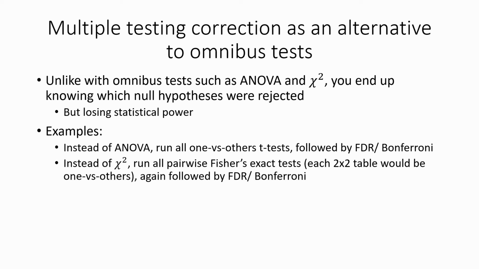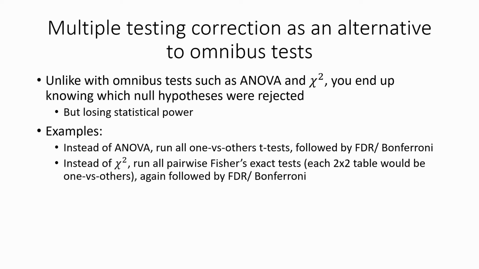But we actually can use multiple testing correction as kind of an alternative to these two tests. So for example, instead of an ANOVA, we can run a one versus others t-test. So we can each time isolate a group and then test it against the others. But then we, of course, will get many different p-values, one for each one of the groups. And we, of course, need to then account for multiple testing correction using FDR or Bonferroni.